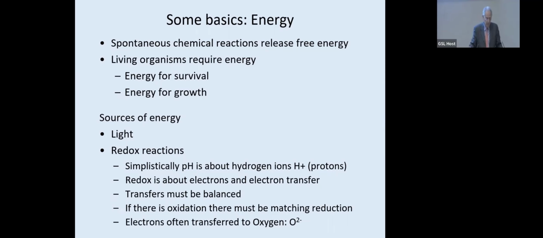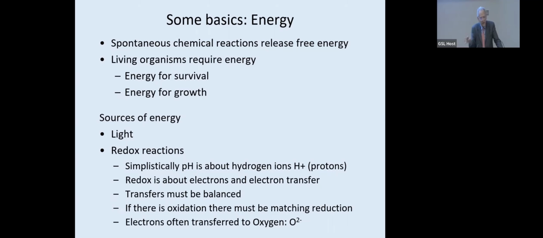The sun is going to be the major source of light, of energy, if you like, for all plant growth. And we as air-breathing species rely on redox reactions, moving electrons around. Now, what on earth is a redox reaction? Well, think of pH. pH is about acid, it's about hydrogen ions.